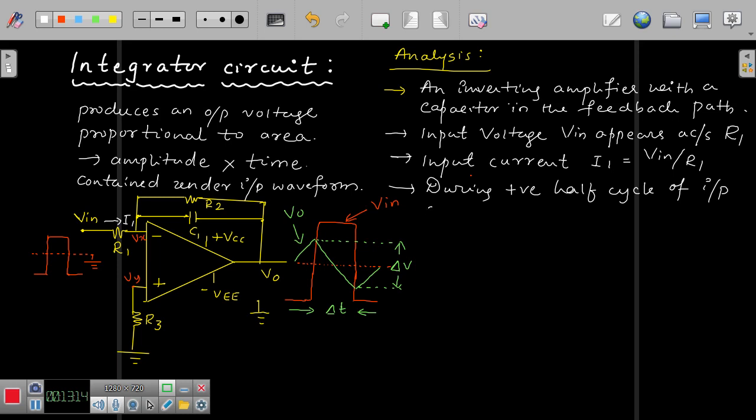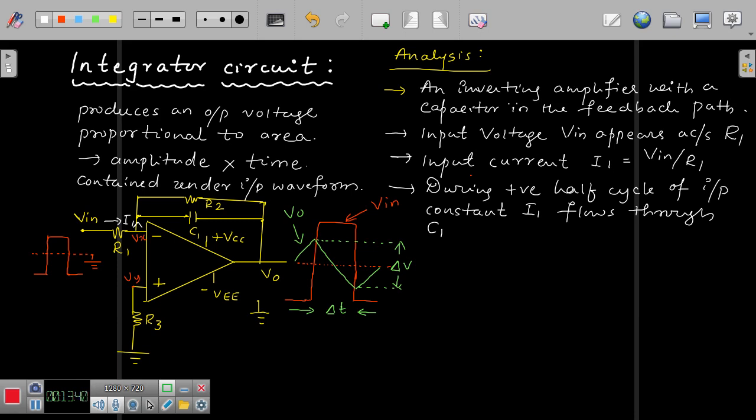So your constant I1 flows through C1. Please note here, of course the current I1 is flowing through R1, right. Your bias current is very, very small in comparison with the current I1. So therefore the entire current has to go here.